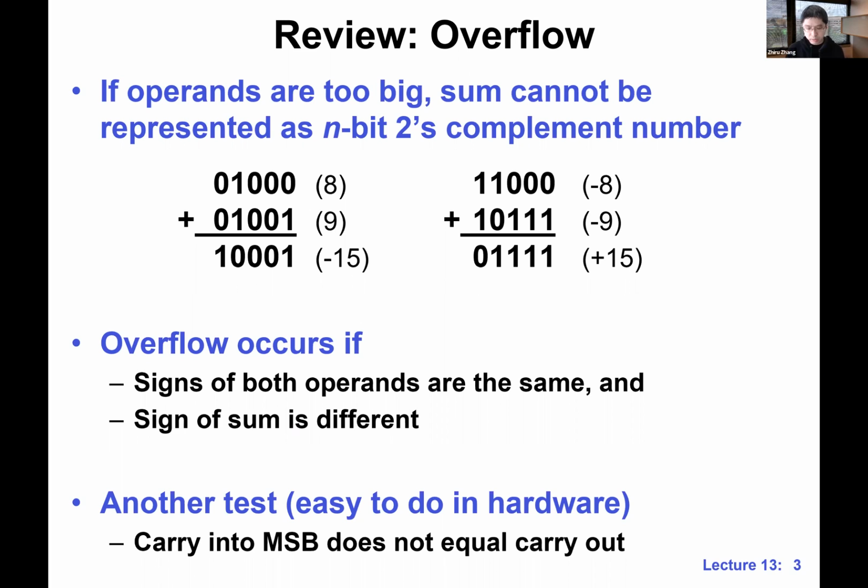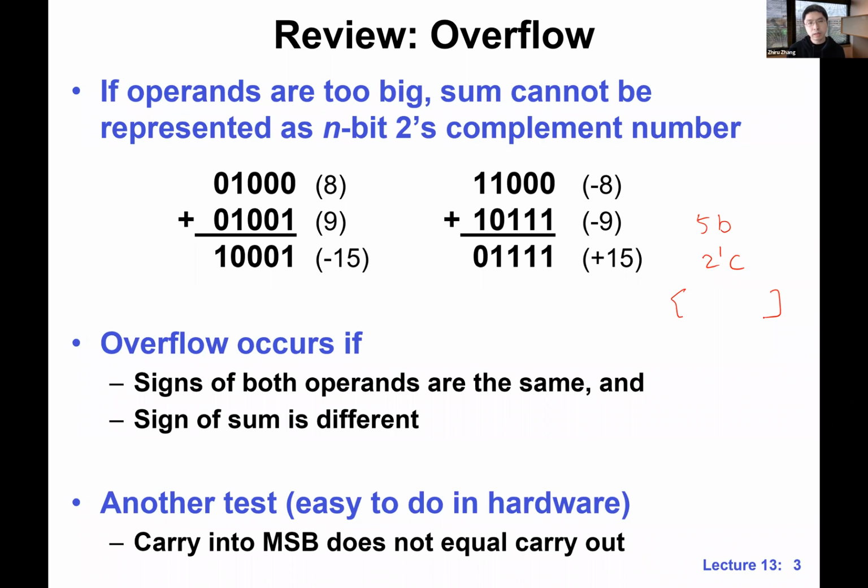Let me remind you about 2's complement again. For 5-bit 2's complement, maybe you can tell me, what is the most negative number? What is the range? Minus 32? Are you sure? 5-bit, right?